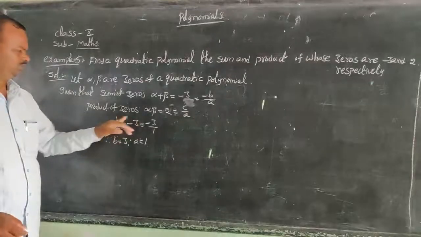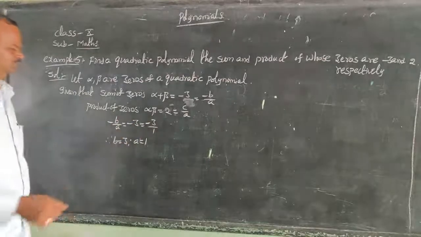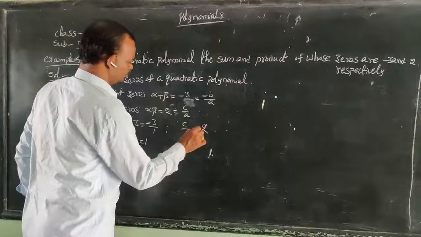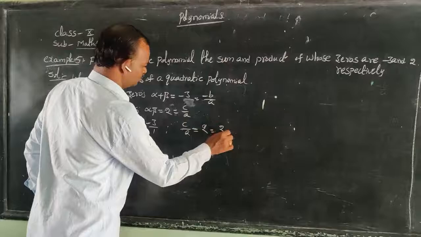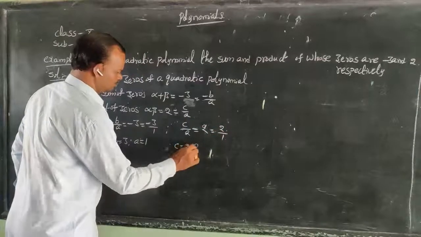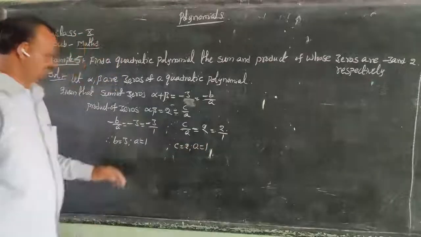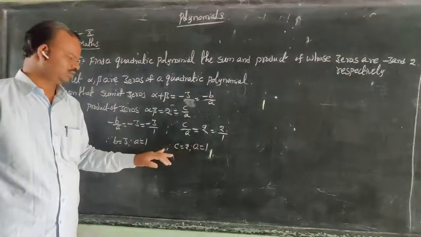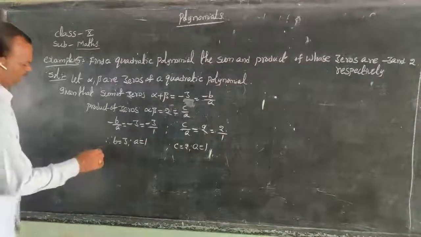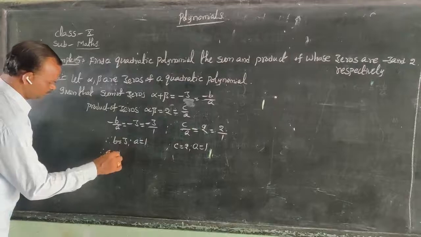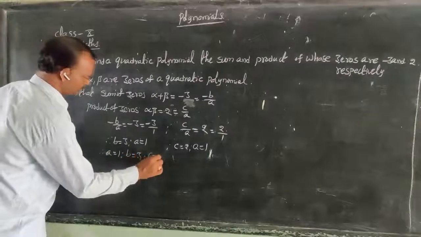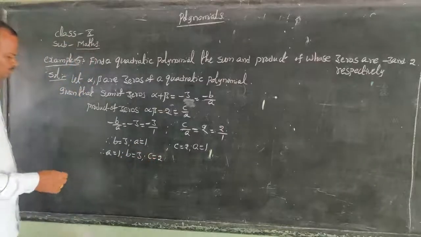And the next one, c by a is equal to 2 by 1. c is equal to 2 and a is equal to 1. Both are equal, a is equal to 1. Therefore a is equal to 1, b is equal to 3, c is equal to 2.